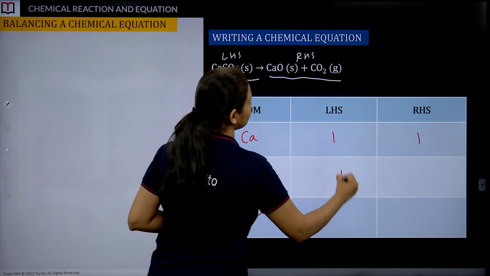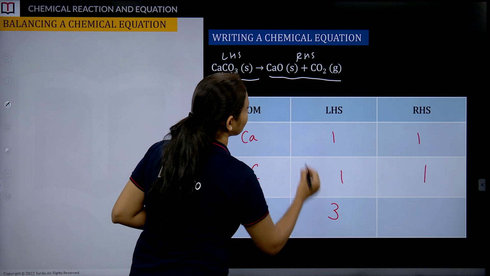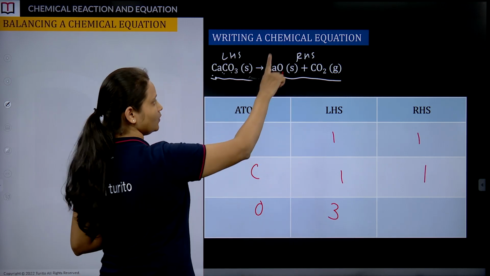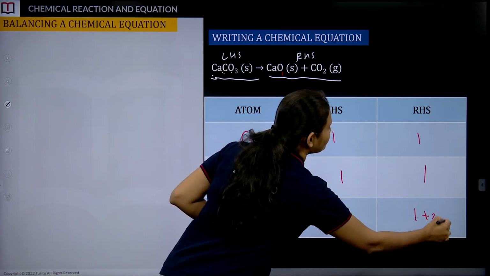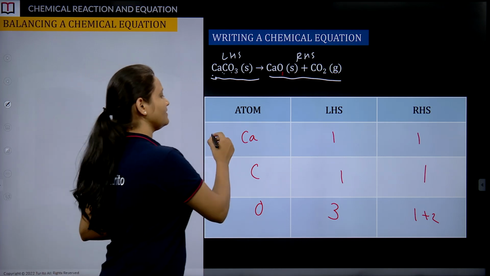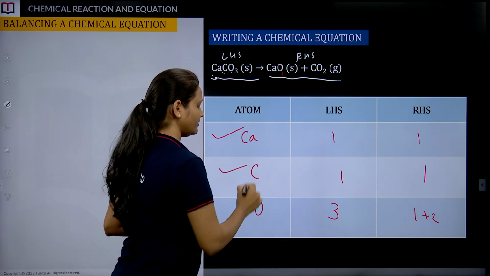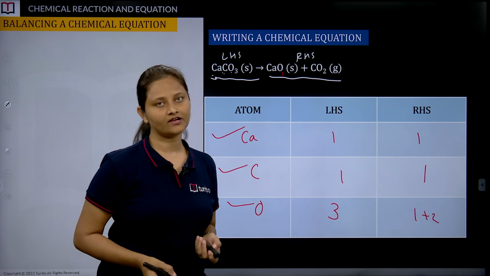Carbon is 1, and there also 1. Oxygen is 3; there, CaO gives O1 and CO2 gives 2, that means 1 plus 2, 3 atoms, okay. The numbers of calcium, carbon and oxygen are balanced. So I can say this is a balanced chemical reaction.